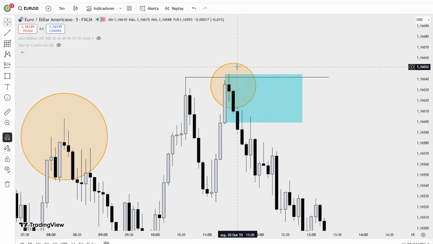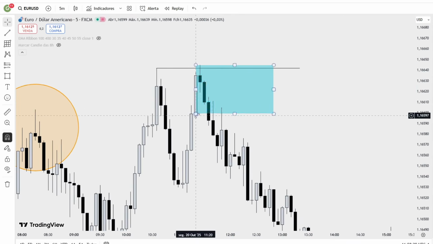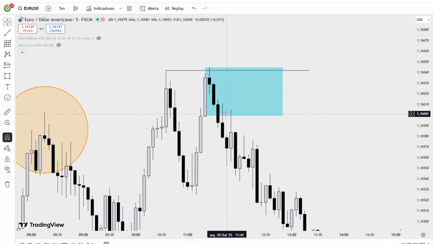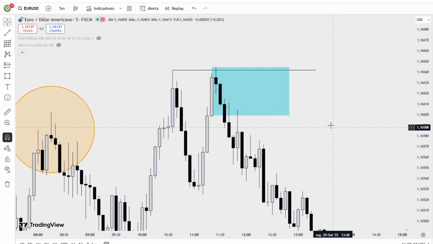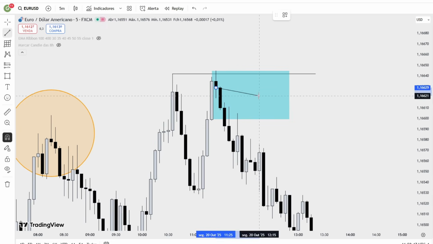And look, once the price left this order block, it comes to retest where? Inside of this order block. So we can assume the middle price of the guy who made this manipulation is somewhere about here.